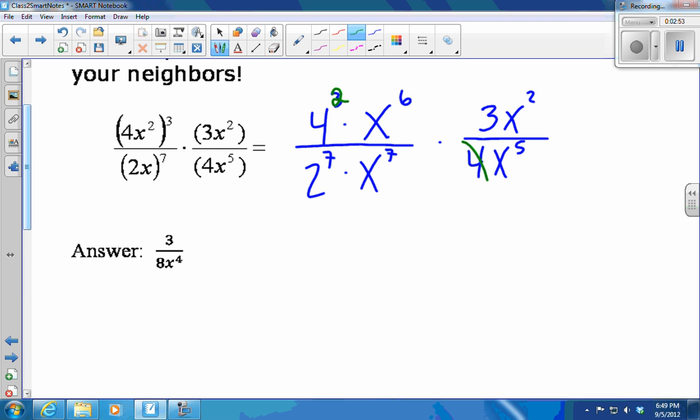So when I cancel, how many am I going to have left, and where are they? 4 on the bottom. You got it. So this is going to become 4 squared times 3. 3 is still on the top here. On the bottom, I'm still going to have a 2 to the 7th. And I'm going to have x to the 4th.